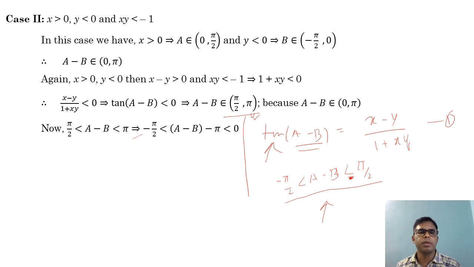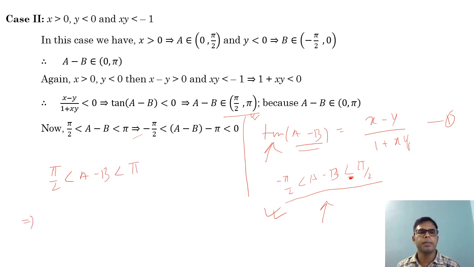So pi by 2 up to pi, then to get in this range minus pi by 2 up to pi by 2, I am taking a pi minus in all sides. That is the actual one: pi by 2, then a minus b, then pi.